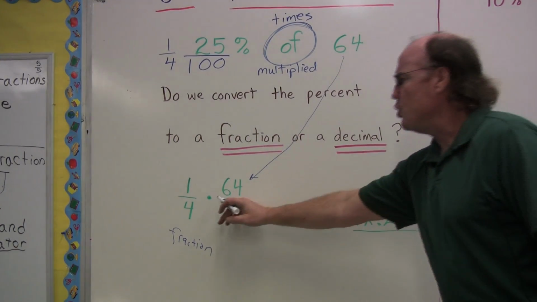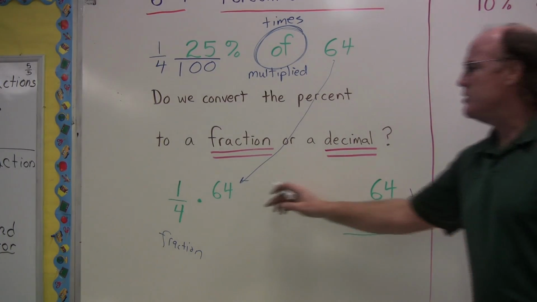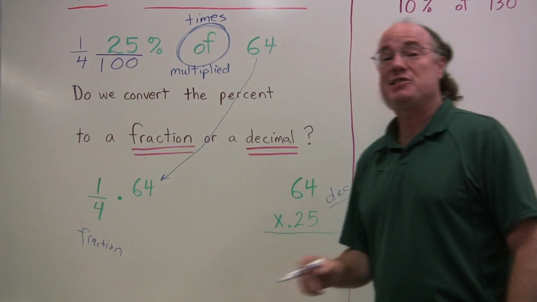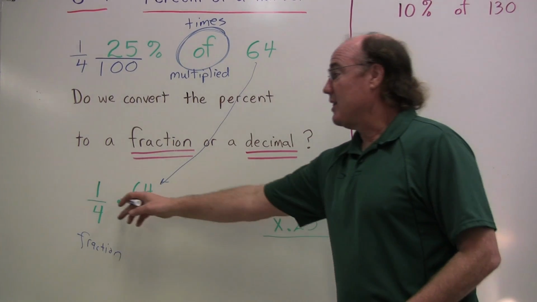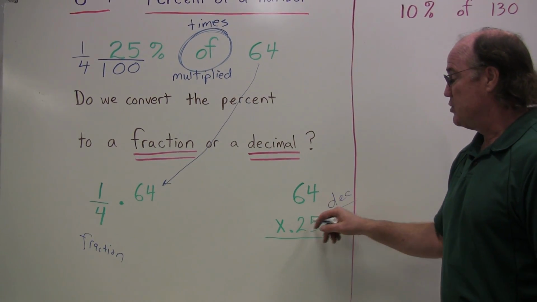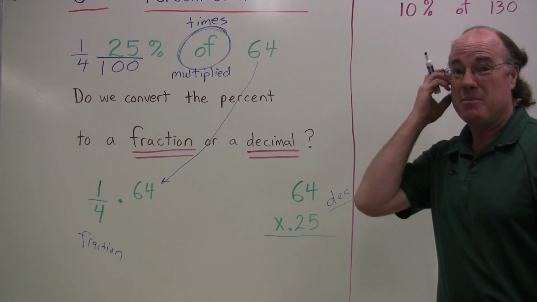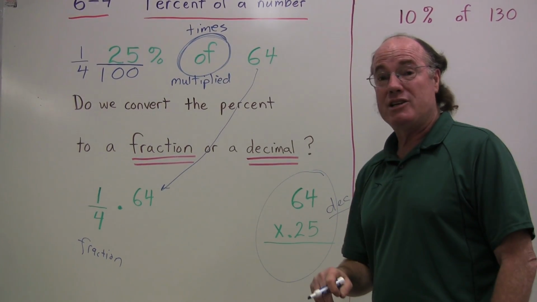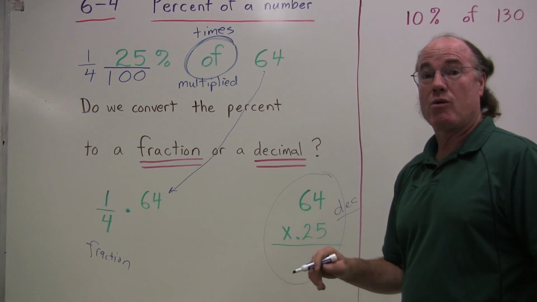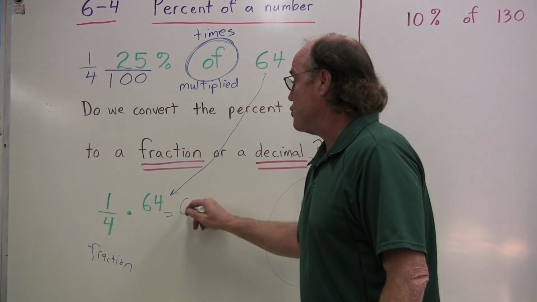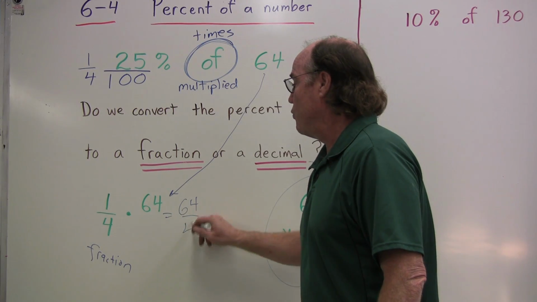Now, which to you looks easier to do? I know for me, this looks a lot easier. Some of you may not like to divide, but do I really want to do this where I have two numbers on the bottom and two on top? A lot of us, when we try to do this long multiplication stuff, we get that wrong. Whereas this, we simply can just go 64 over 4.